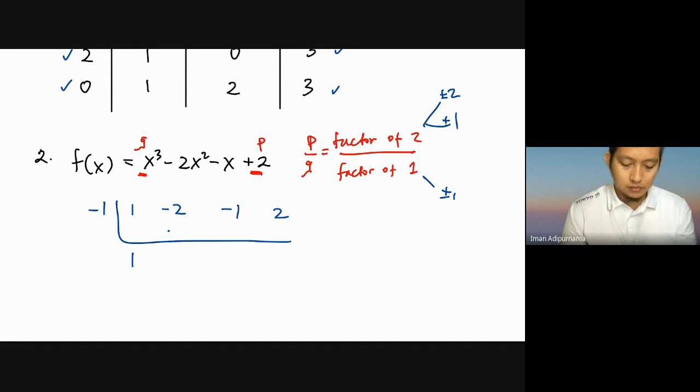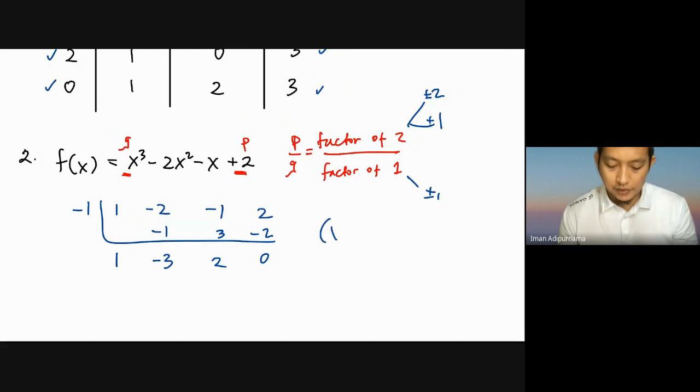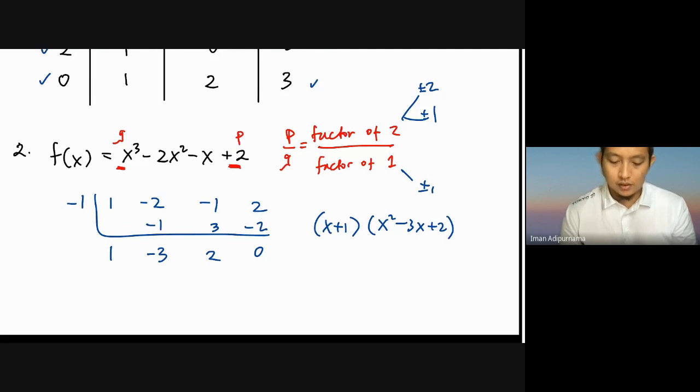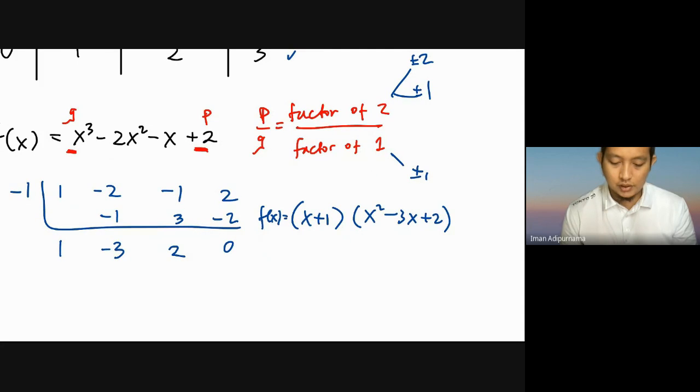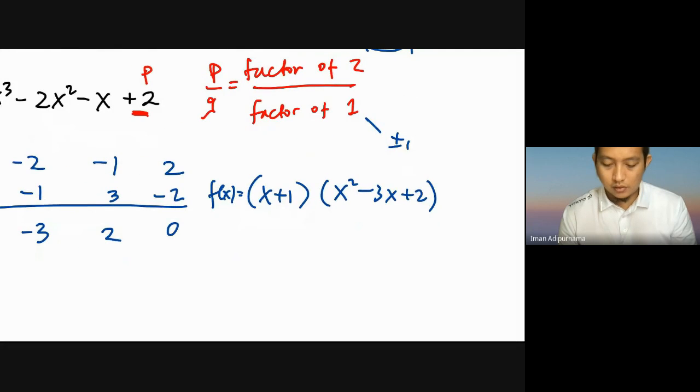Okay, we get 0 now. So we'll have x plus 1, x squared minus 3x plus 2. This will be our function. And then we can actually factor this out.